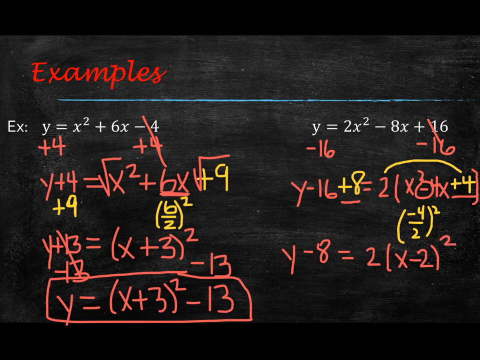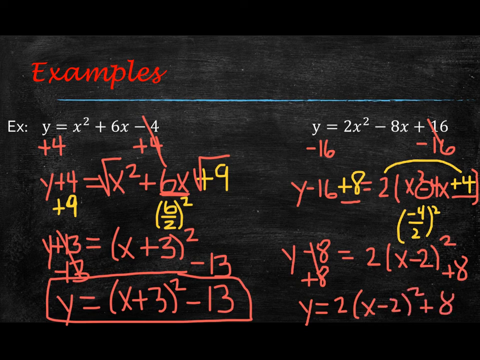Okay, and then our last step is to move that 8 back over to the other side. And so now we have y equals 2 parentheses x minus 2 squared plus 8. So we have converted it into vertex form.